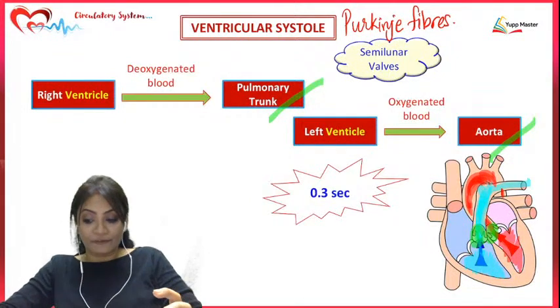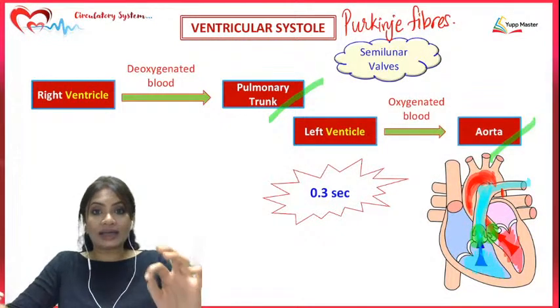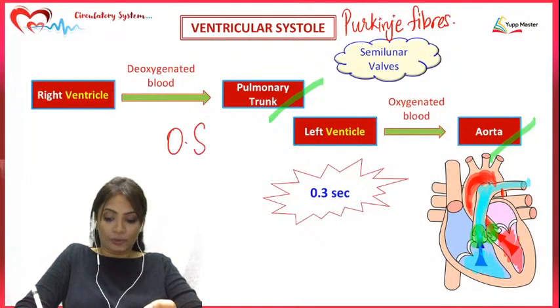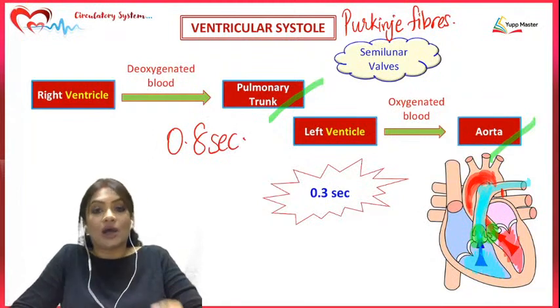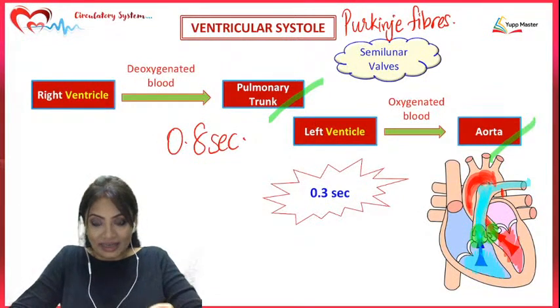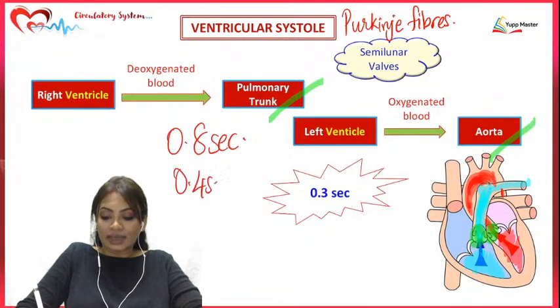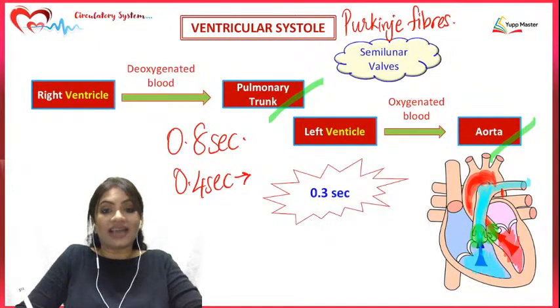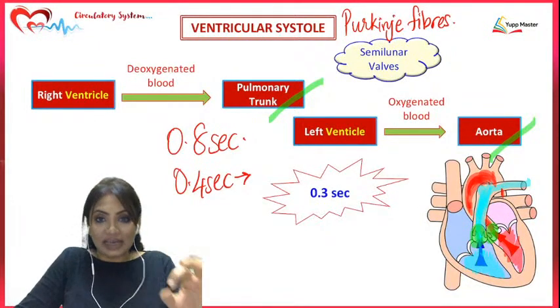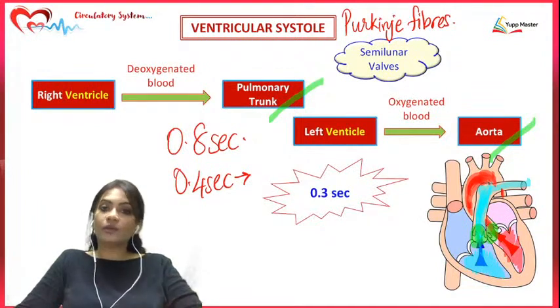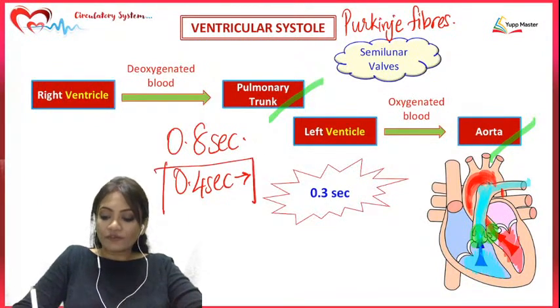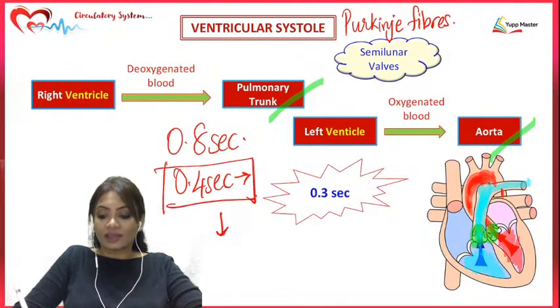If you recollect, the whole cardiac cycle lasts for 0.8 seconds. Out of this 0.8 seconds, 0.4 seconds involved atrial systole and ventricular systole. So basically for 0.4 seconds, there has been contraction.